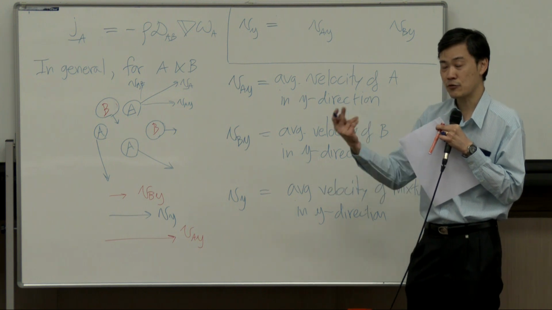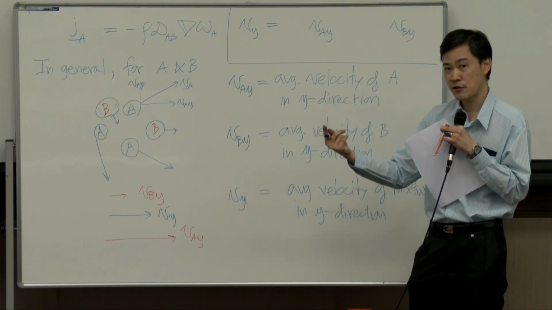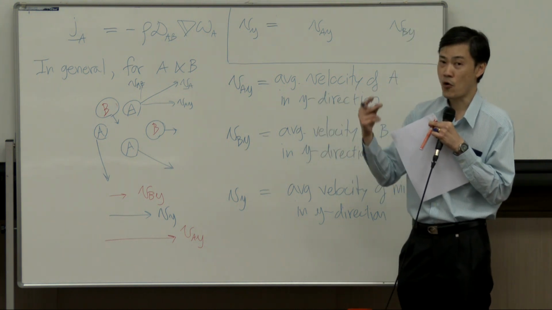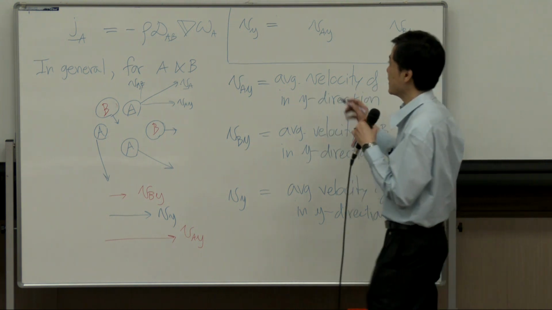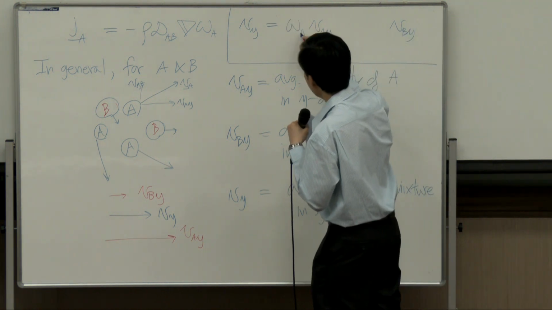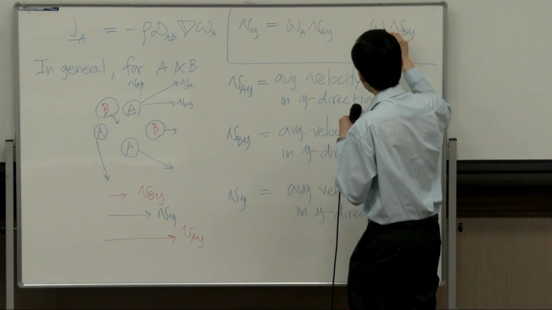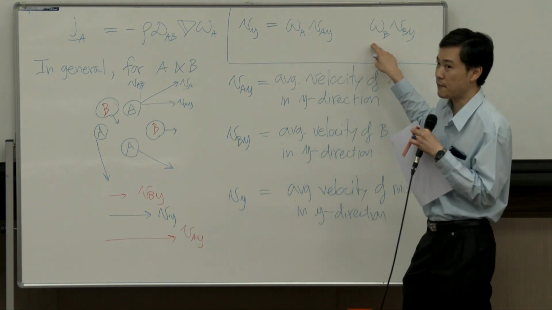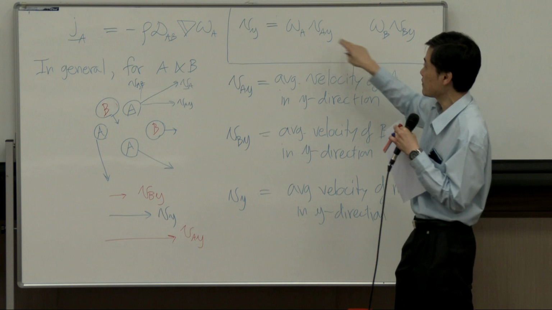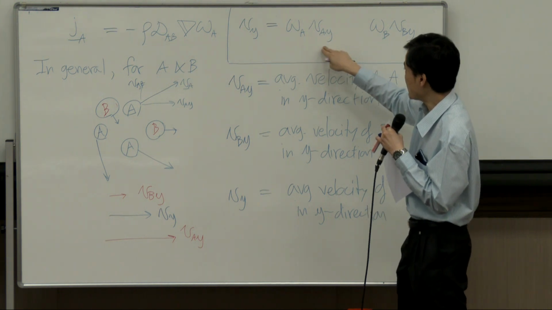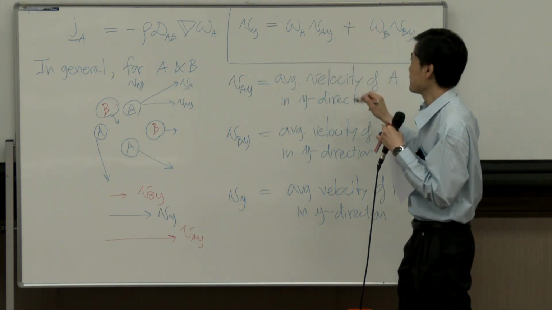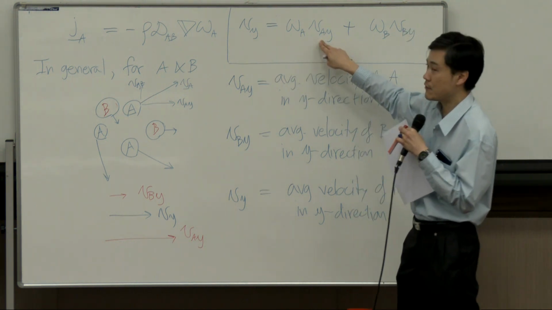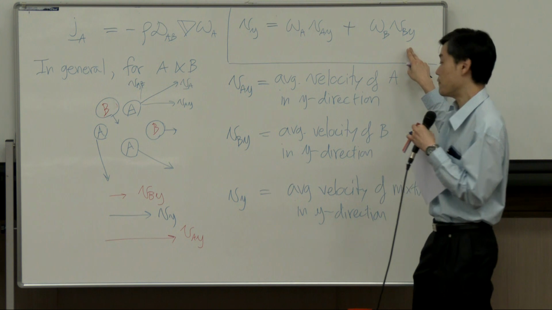Right now we learned about 2 things. First is mass concentration, rho A, or mass fraction, omega A. Okay? If I take mass fraction omega A and mass fraction omega B, of course these 2 numbers are fractions, less than 1. When you multiply by velocity and add them up, this velocity cannot exceed VA and cannot be lower than VB.